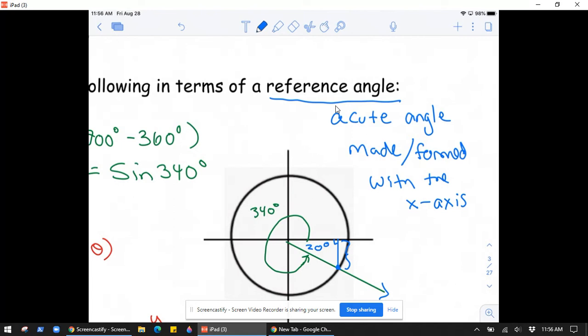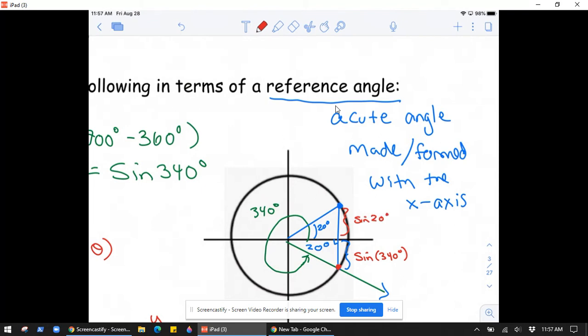So if I were to just write the answer as sine of 20 degrees, that wouldn't be correct, because 20 degrees is actually in quadrant 1. This is a rotation of 20 degrees, and the y-coordinate there is positive. Since we're dealing with the sine of 340 degrees, we note that this y-coordinate, the sine of 340 degrees, is the opposite of the y-coordinate of the sine of 20 degrees.